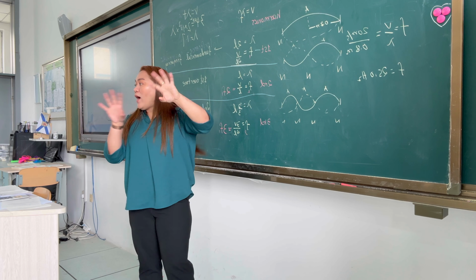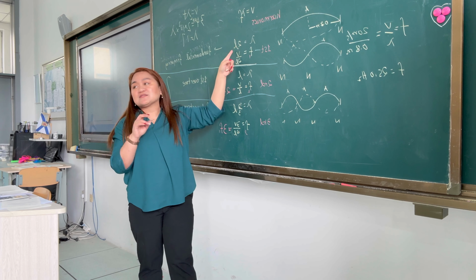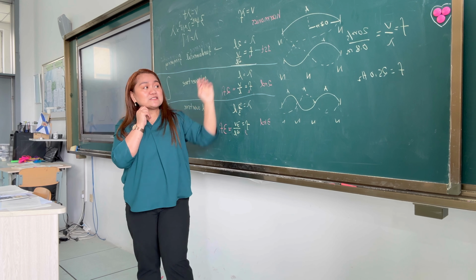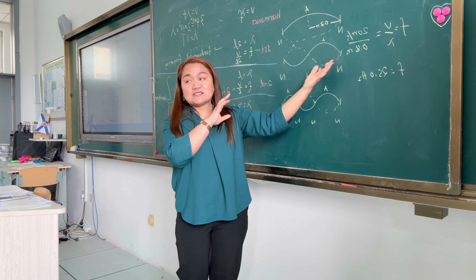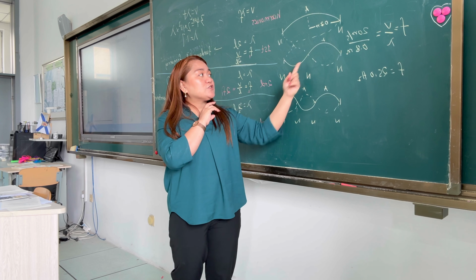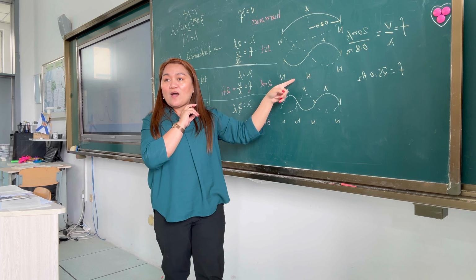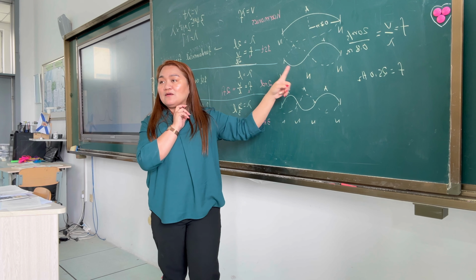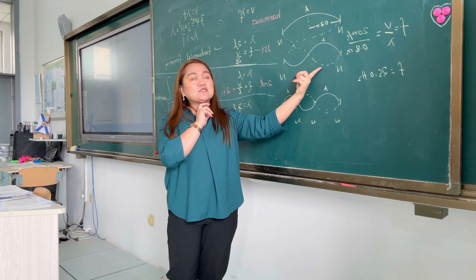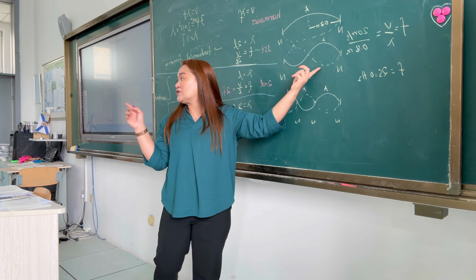So it means that to form one full wavelength, we need twice the length. The same length, having two antinodes, is one full wave. This is the wavelength.